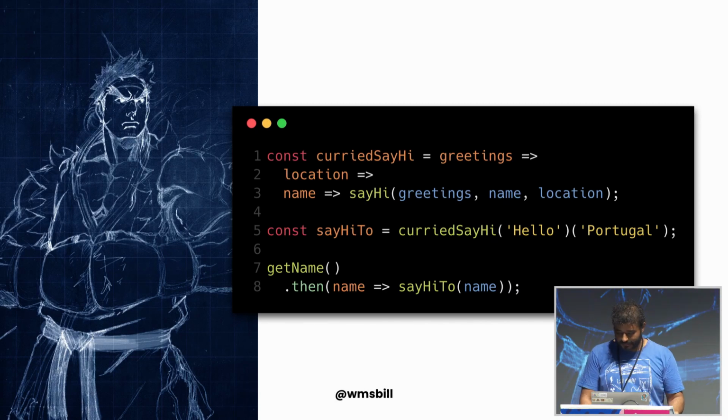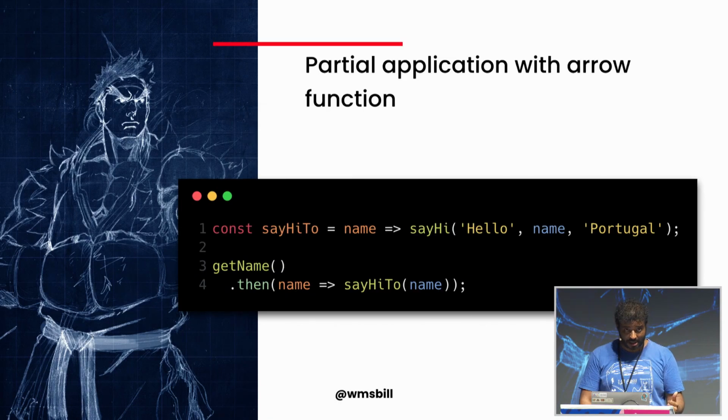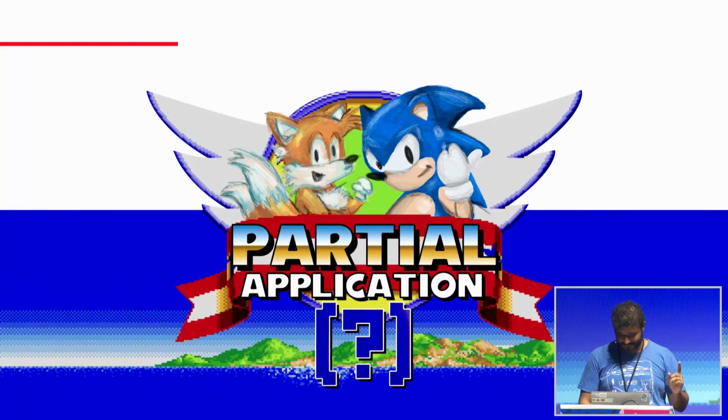Of course, you can do this as well with partial application or with an arrow function, which is kind of better than the curry function, but you still need to write the function for each configuration of parameters. So this is the hook for our last proposal for today.